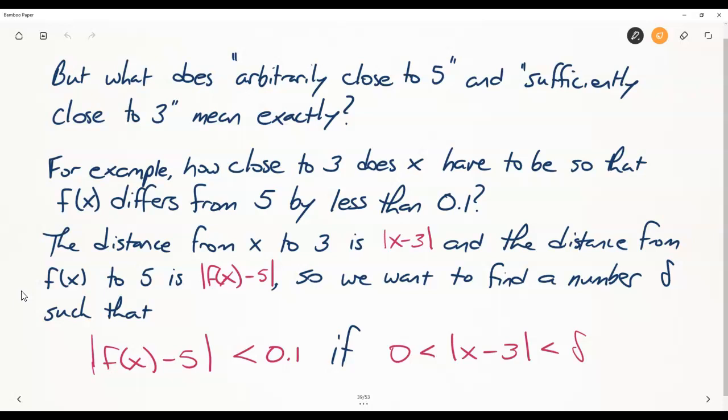Once we know what delta is, now we can say, here is how we make this inequality always be true. So, this is the question we're trying to answer. If 0.1, if 1/10 is the maximum distance f of x is allowed to be from 5, here's how we go about figuring out what delta should be.